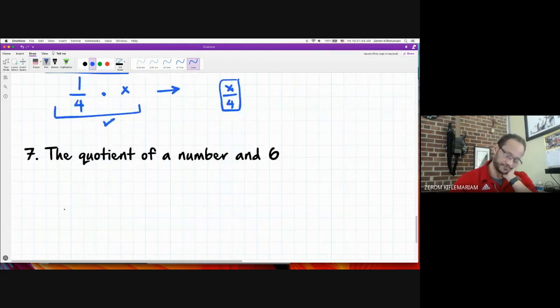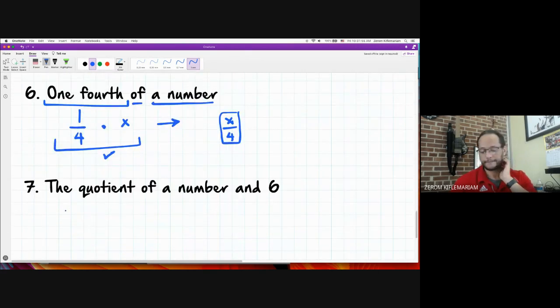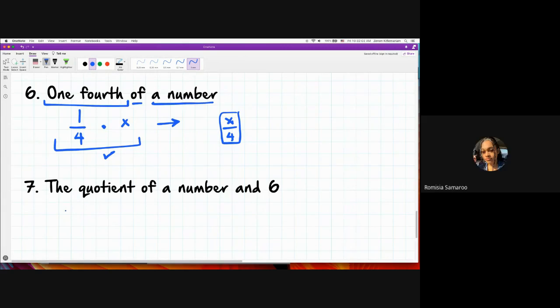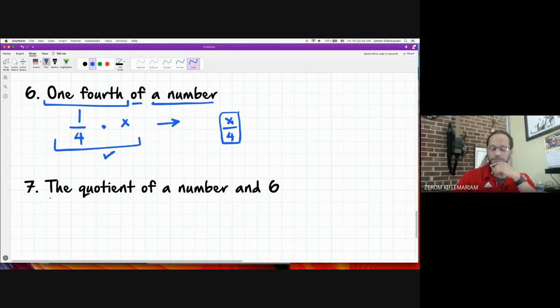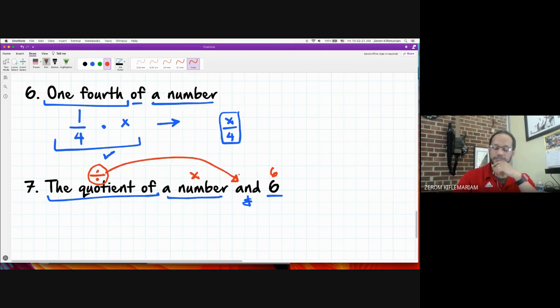Number 7. X divided by 6. The quotient, thank you, of a number and 6. So we have x, 6, and it is division. For division, usually the operation goes exactly where the word says and.